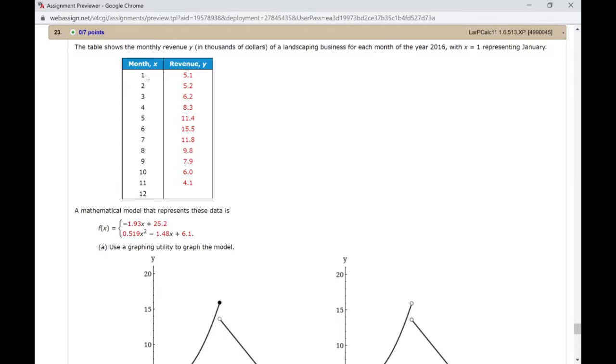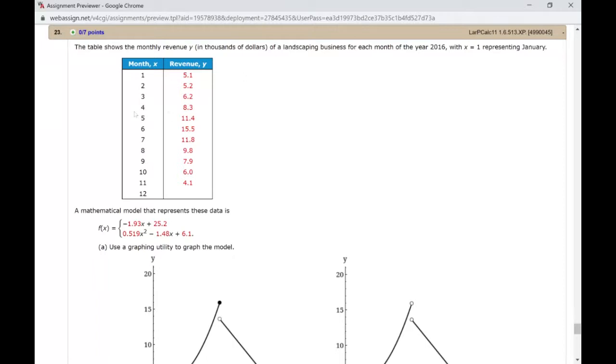So how much revenue was coming in January, you think? Say it in thousands of dollars. $5,100. Very nice. So you could do 5.1 times 1,000 in your calculator, and it will tell you $5,100.